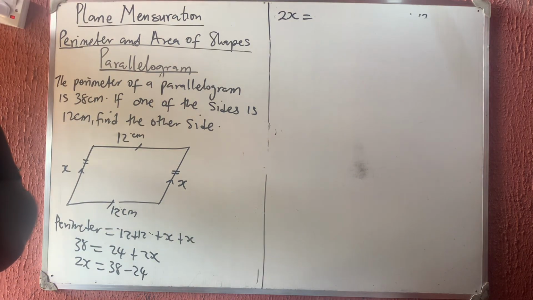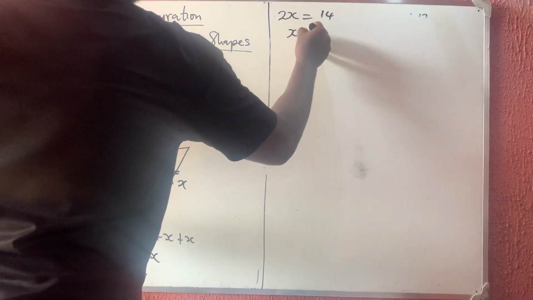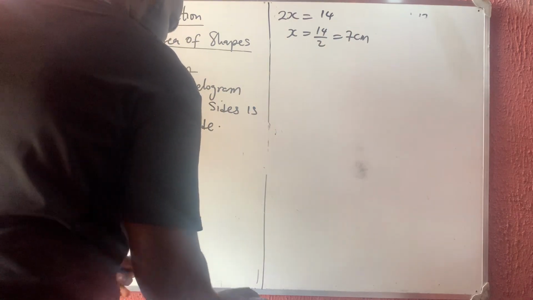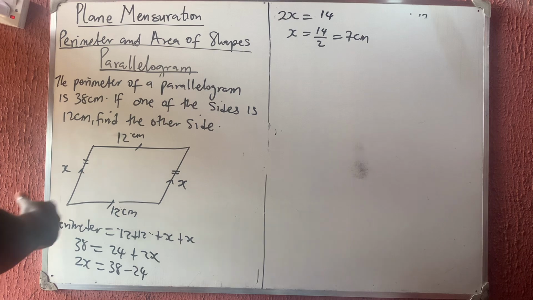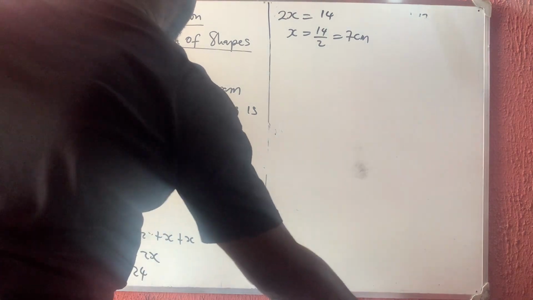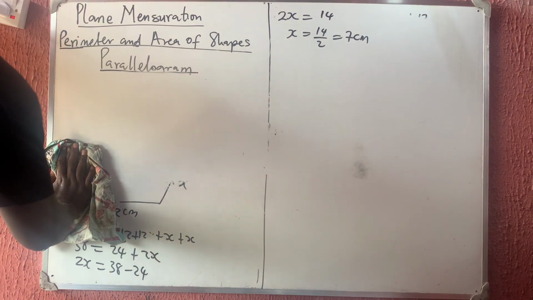So 38 minus 24, I have 14. So therefore my x will now be 14 divided by 2, which is 7 cm. So that is that. Very simple. If this side is 7, this side is 7. So the other sides are 7, 7. Okay, we go to the next question. Very simple and short.